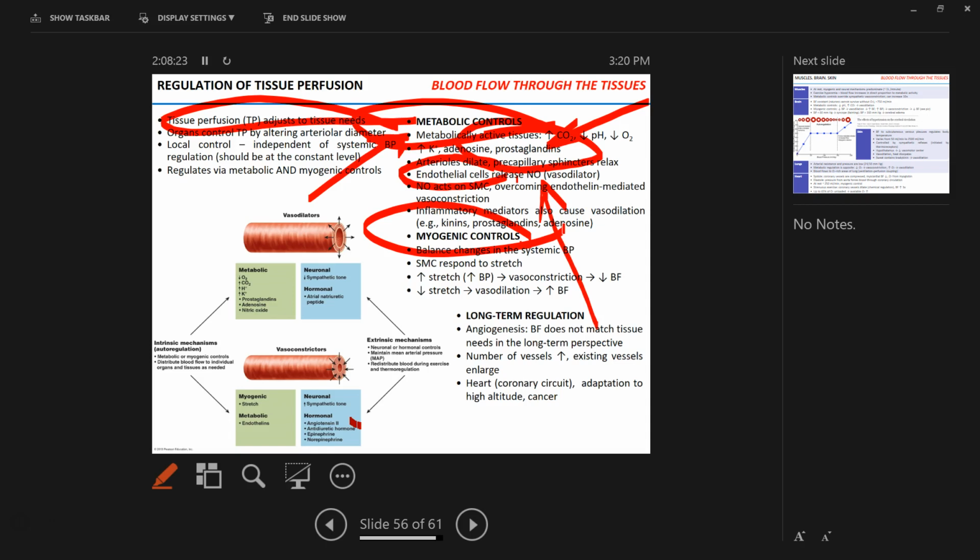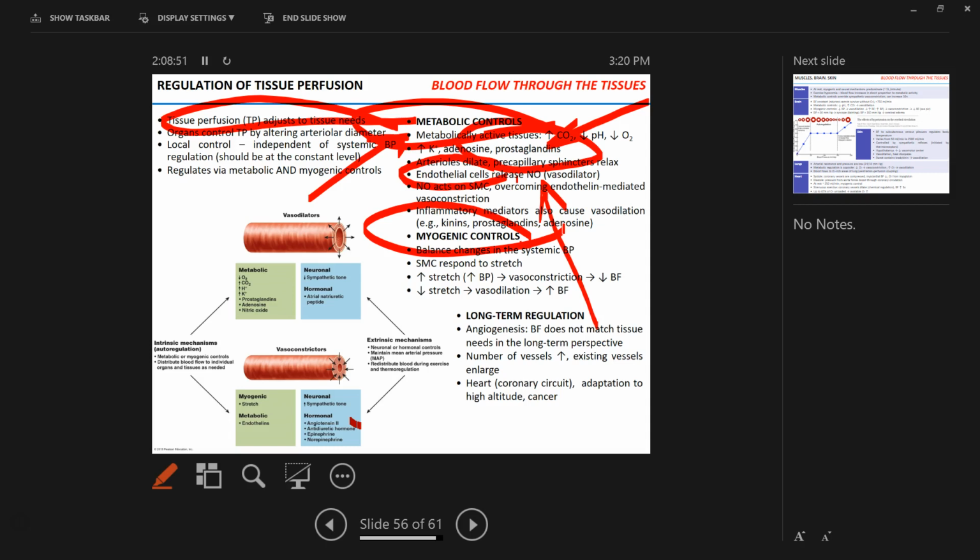And vice versa, if blood pressure drops, you need to maintain a pretty standard blood flow, let's say, to the heart. Does that make sense? When blood pressure decreases, coronary arteries will start to dilate to increase the blood flow to the cardiac muscle. Does that make sense? Okay?